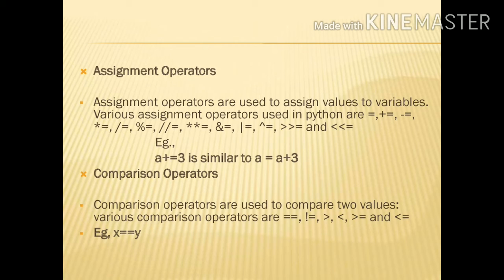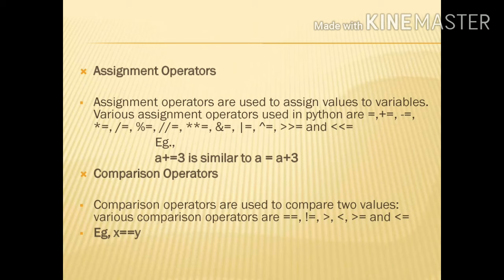Various assignment operators used in Python are equal to, plus equal to, minus equal to, star equal to, slash equal to, modulus equal to, double slash truncation division equal to, double star equal to, ampersand equal to, or equal to, nor equal to, bitwise equal to. For example, a plus equal to 3 is similar to a is equal to a plus 3.